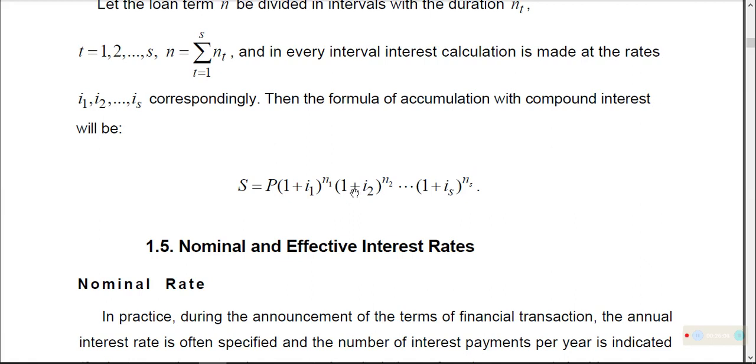So, we have 1 plus 0.2 naman for I. And then, dito, for the next, say for example, 4 years, we have 1 plus I sub s raised to n sub 4. For the duration of 4 years, magko-compound ka for 10% ulit.